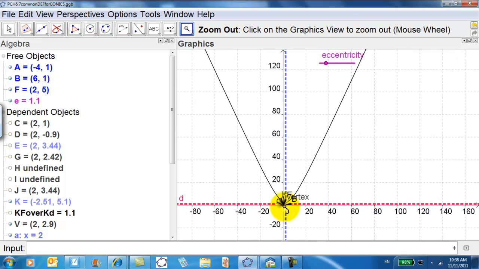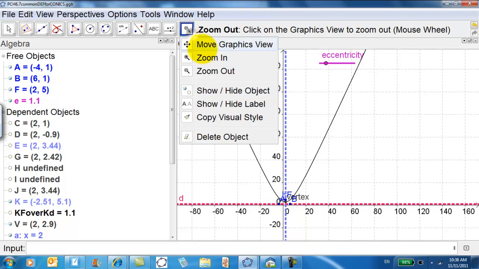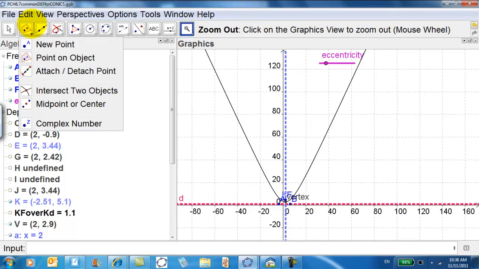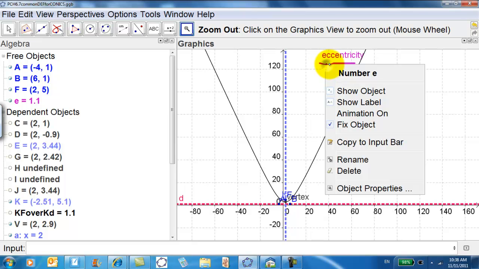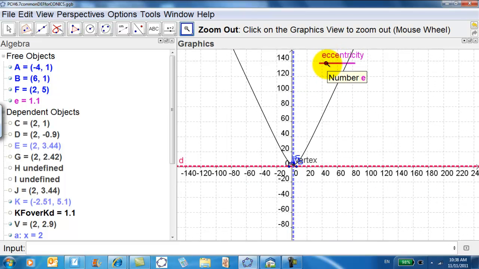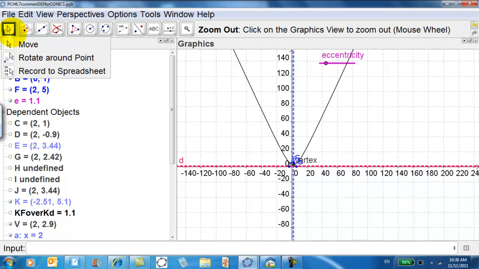It's getting that asymptotic behavior of the hyperbola. Notice when we zoom back in, or if we change this eccentricity, let's just do it right here. Oh, we really zoomed out now. There you go.